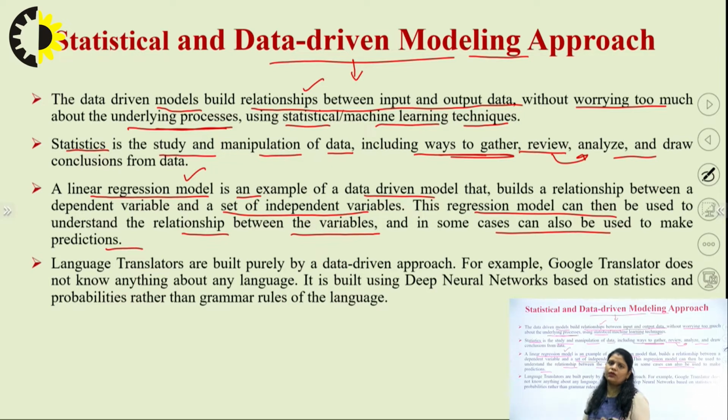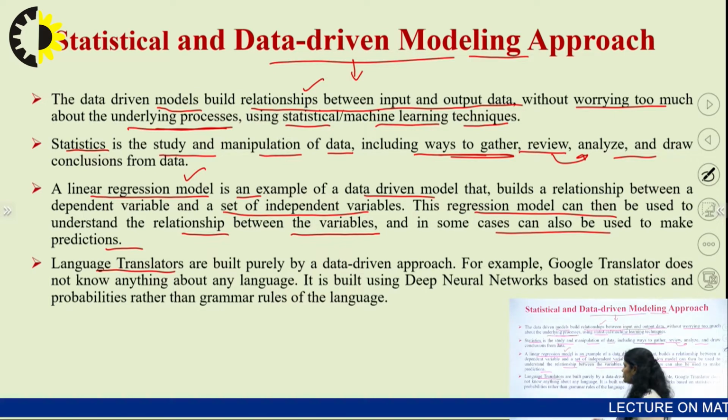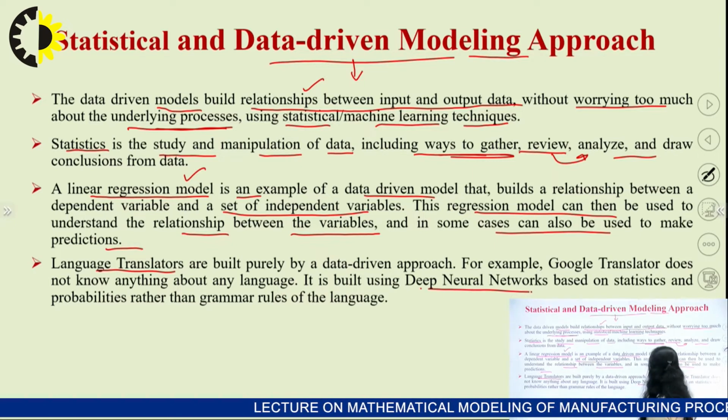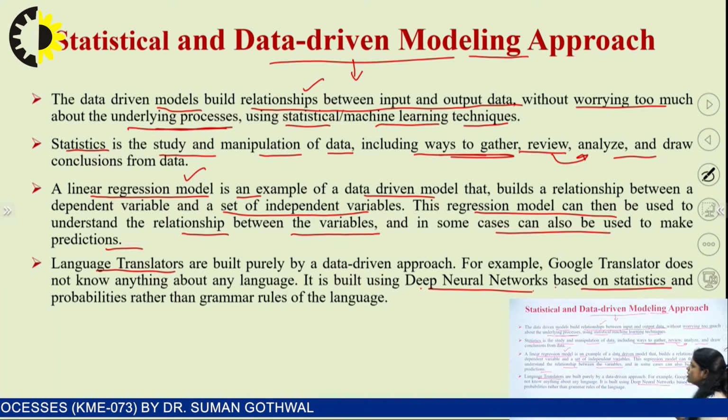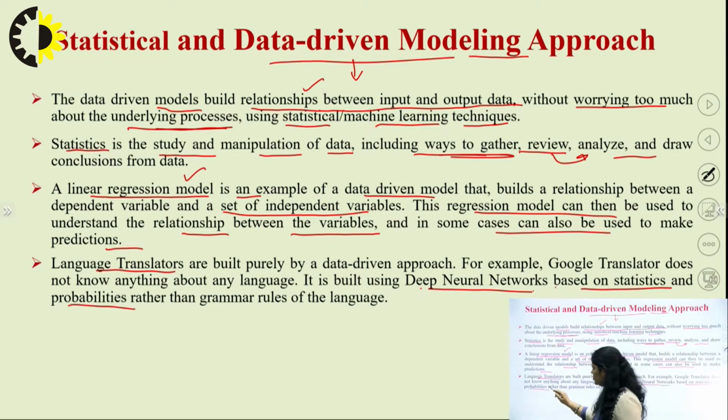So, it is the perfect example of the data driven modeling approach. On the basis of the previous data available, we are drawing the conclusion and predicting for the future. Another example is the language translator, or Google Translator. It is also based on data, using different techniques, for example deep neural network based statistics and probabilities, to conclude from the data.